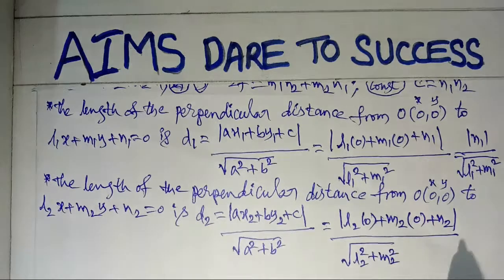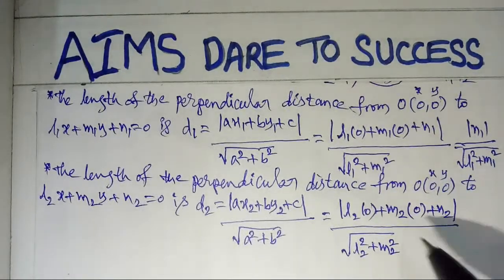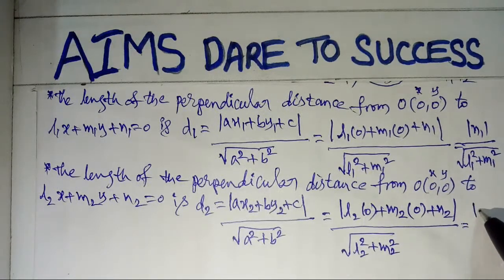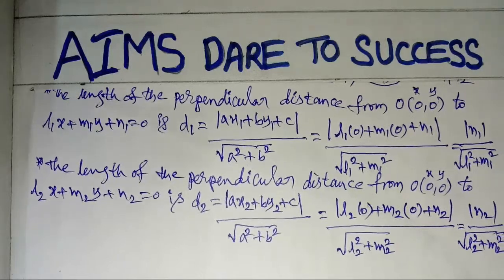So 0 into something is 0. The remaining value is |n2| / √(L2² + m2²).